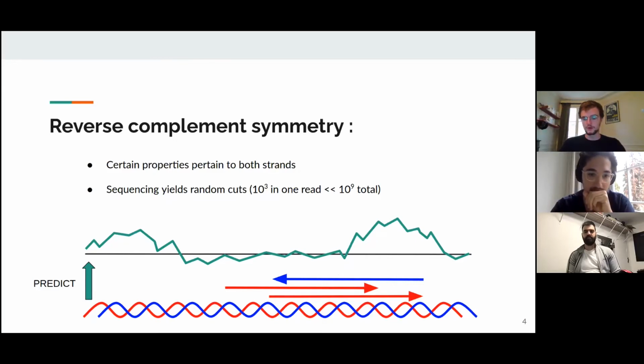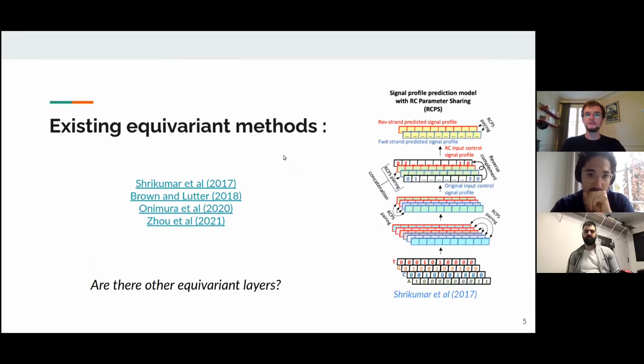There are already some methods that try to include the symmetry that your sequence can be reversed. They try to enforce that if you feed a neural network either a sequence or its reverse complement, you get the same profile or binding prediction, because it represents the same double-strand molecule.